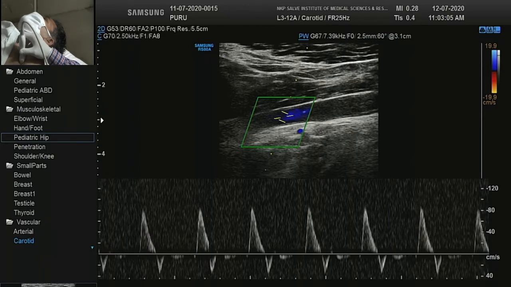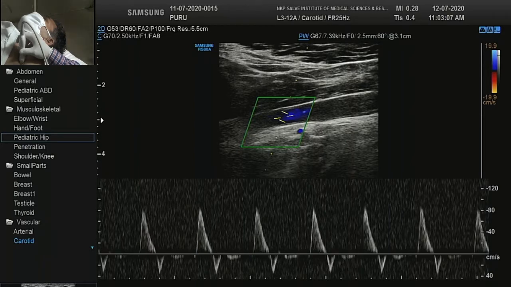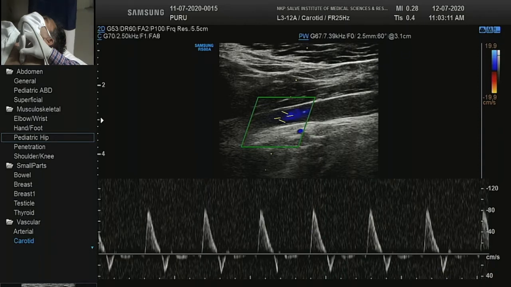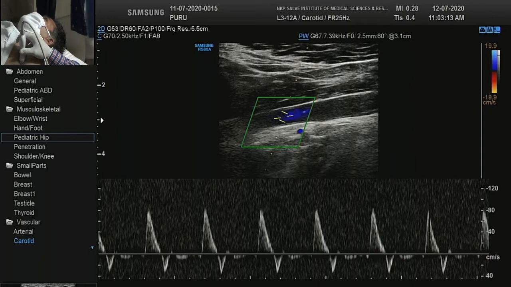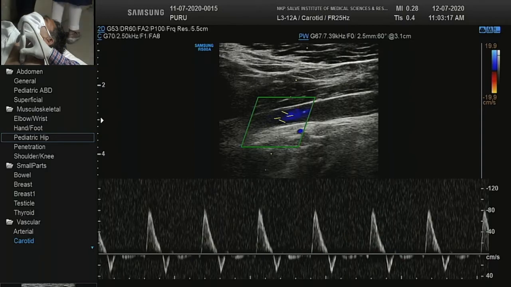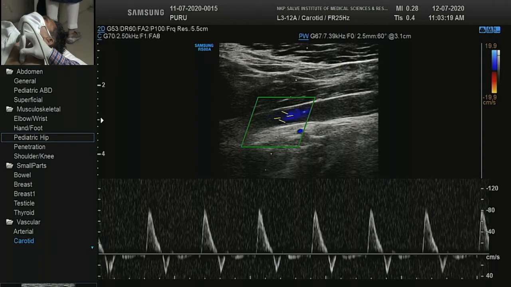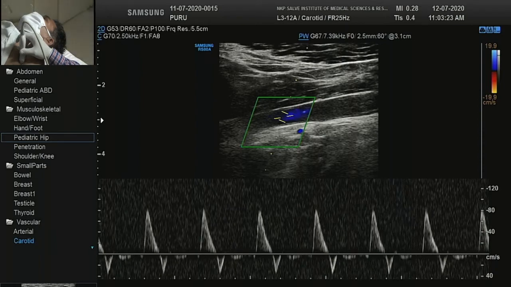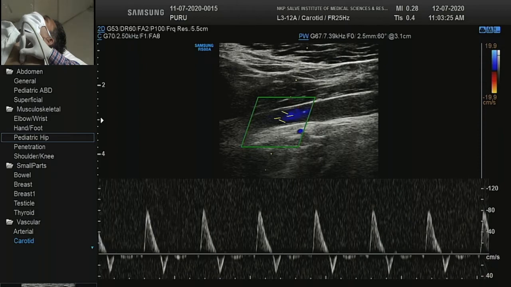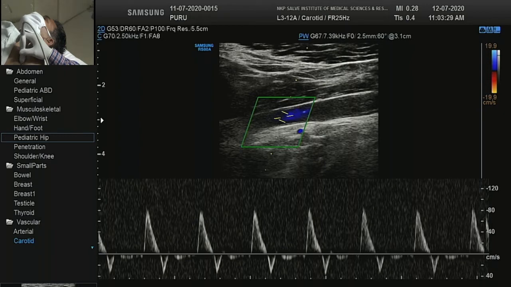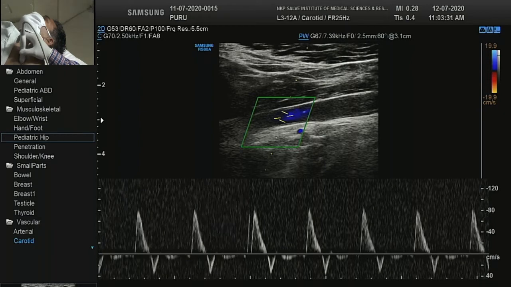You can hear the typical sharp peak and coming back, sharp peak and coming back, and this is a normal triphasic flow audio signal, I would say. This audio signal is important in some cases, whenever there is an AV communication, you get a different type of audible signal. So we'll come to it at a later time.